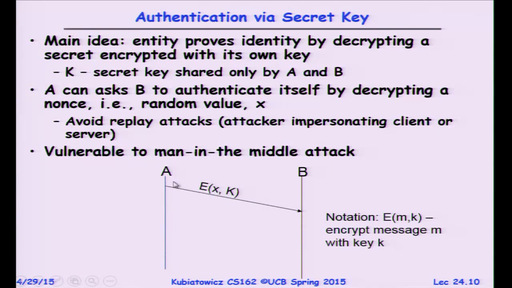They're going to encrypt it with K and send it to B, and then if B is who they say they are, they should be able to undo that and send X back. Okay? And notice that the essential assumption here is that the only two people in the world who know K are A and B.